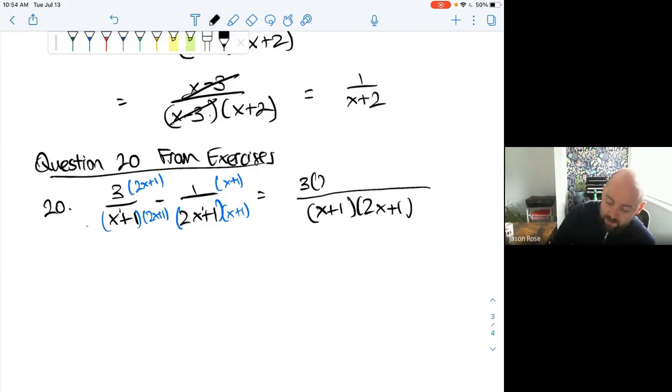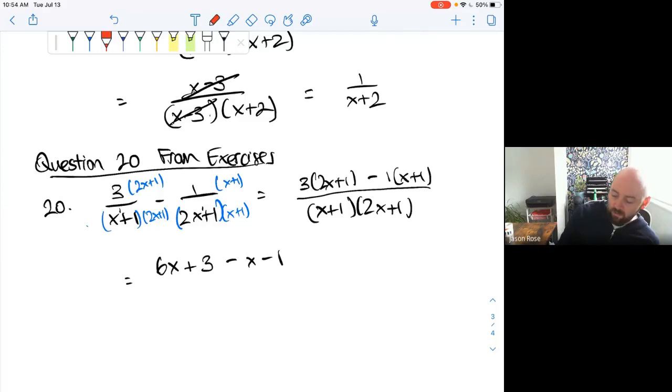So 3 times 2x plus 1 minus 1 times x plus 1. 3 times 2x is 6x, 3 times 1 is 3, minus x minus 1. So this minus sign right here is going to distribute in onto both terms. Don't forget to do that.